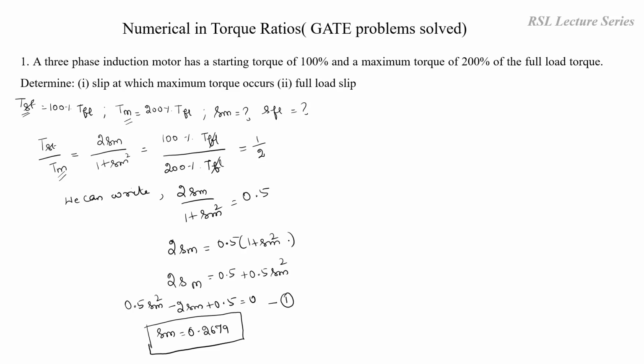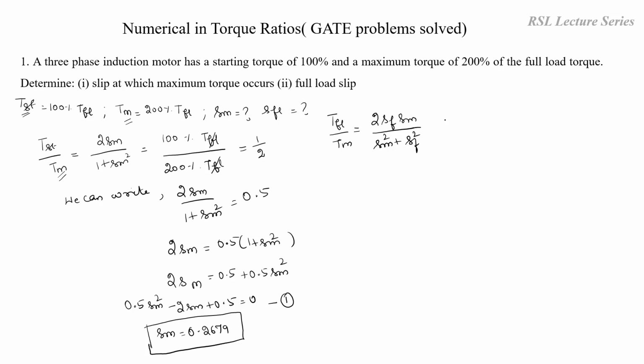Next, we have to find the slip corresponding to the full load condition. We all know the torque ratio between full load torque and maximum torque. We have already derived this: it is given by 2 Sf Sm divided by Sm square plus Sf square. This is the formula for the ratio between full load torque and maximum torque.